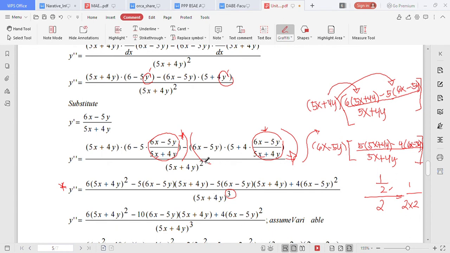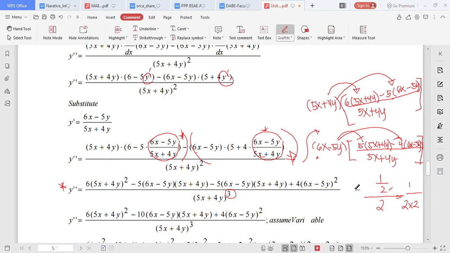And then, in this expression, we distribute this, and also this. So that is 5 times (6x minus 5y) times (5x plus 4y) plus 4 times (6x minus 5y) squared.